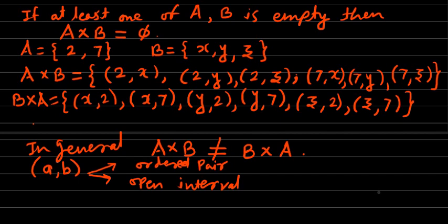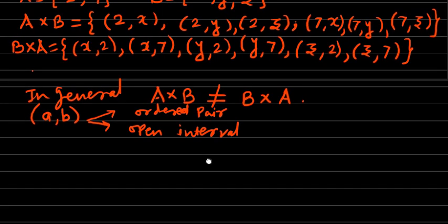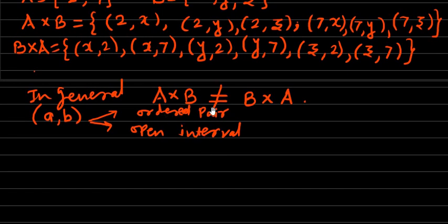But in some results we are going to use the ordered pair (A, B) as well as the open interval (A, B). In that case, whenever we use both the open interval (A, B) as well as the ordered pair, meaning A cross B, in the same result, then in such cases we use the notation (A, B) to mean the open interval.